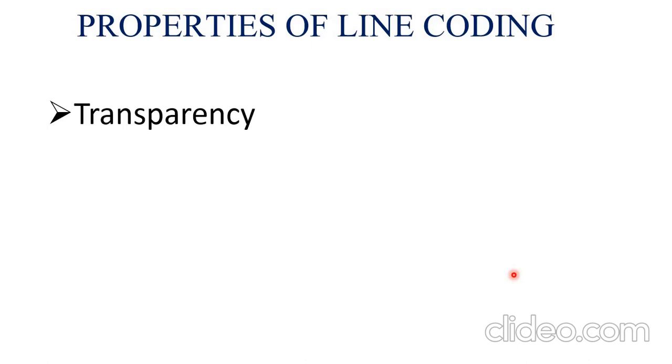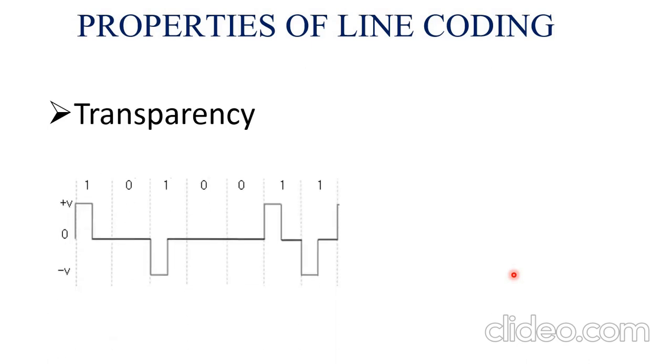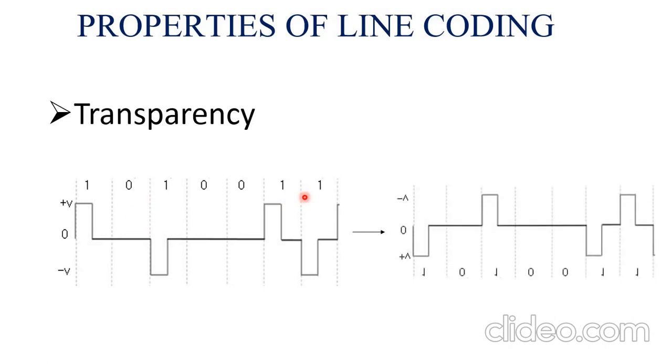Okay, let's take an example of AMI. I have this data which is 1 0 1 0 0 1 1. So I can represent this in AMI with the help of polarity.